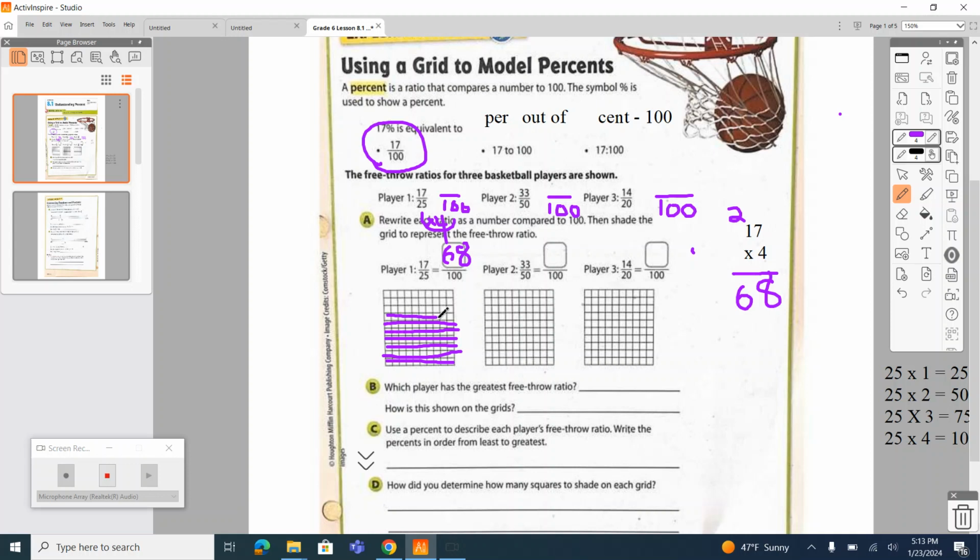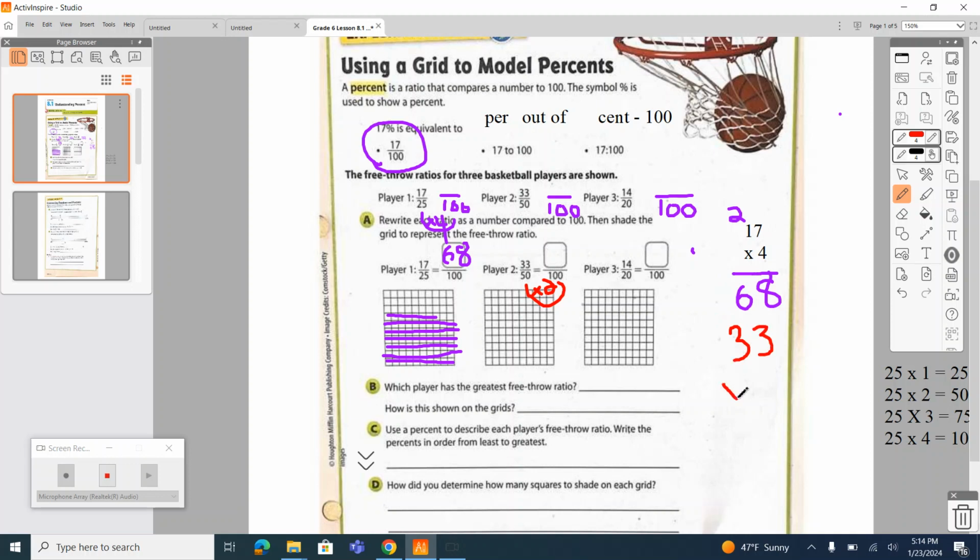Okay? Now, we're going to do another problem, and we're going to compare 33 over 50 to some number over 100. And hopefully we realize that 50 times 2 is 100. So I'm going to take 33 and multiply it by 2.